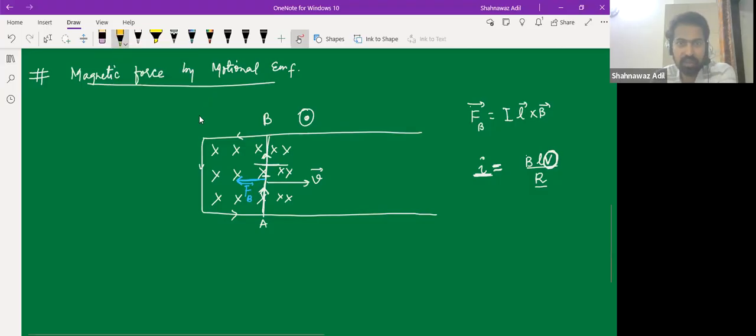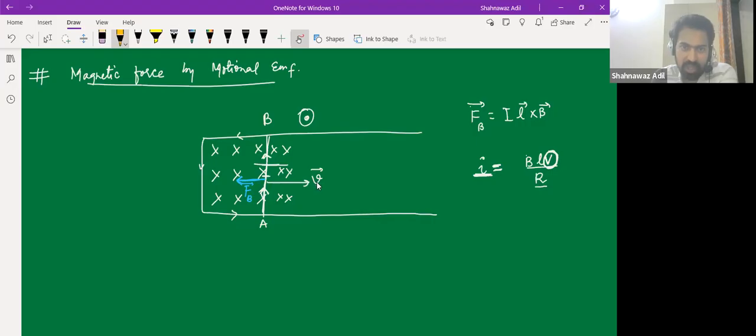What should I do? Aisha and Maria, I have this magnetic field which is trying to oppose this velocity, which is decreasing this velocity.